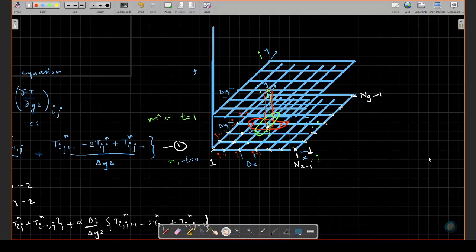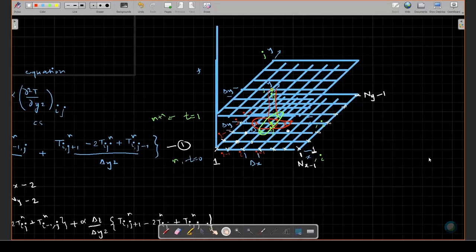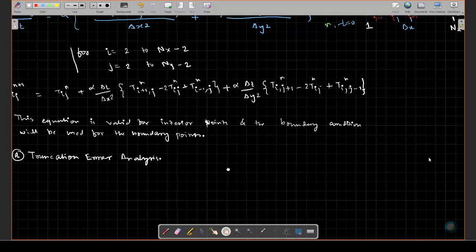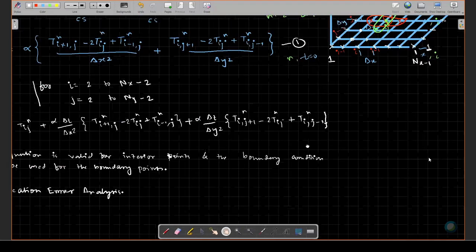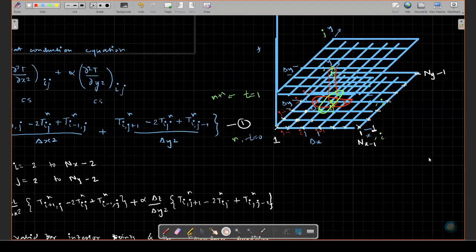Suppose we have to get the values for the time derivative, then we have to use these two points around this, delta t: Tij n plus 1 and Tij n.